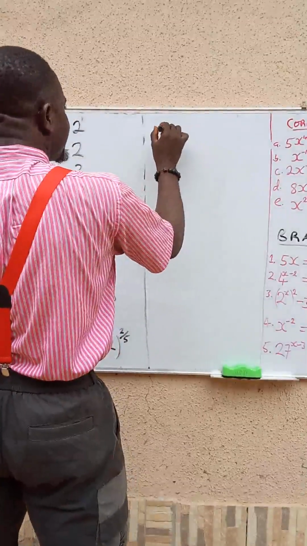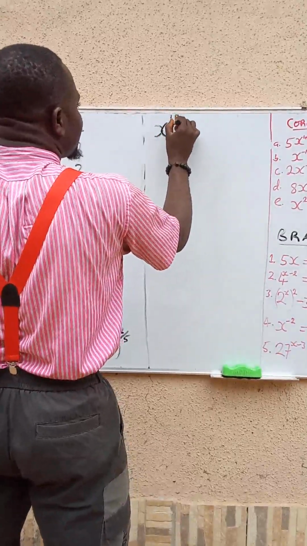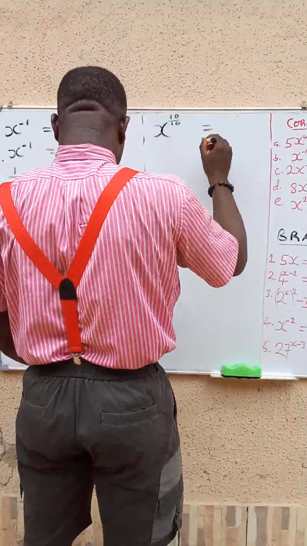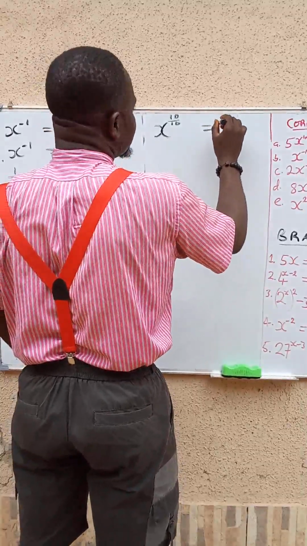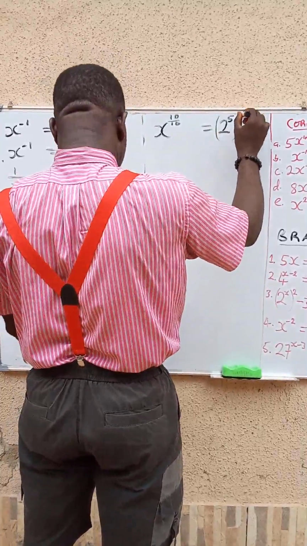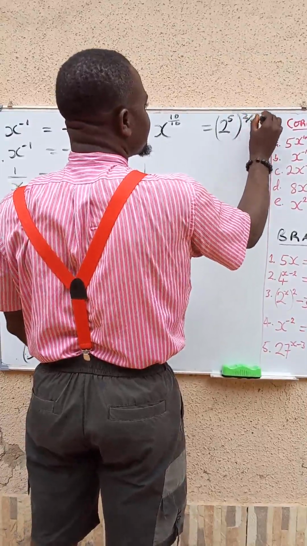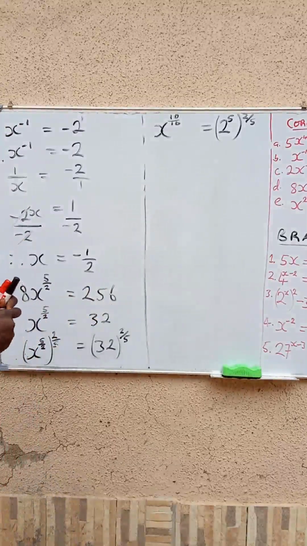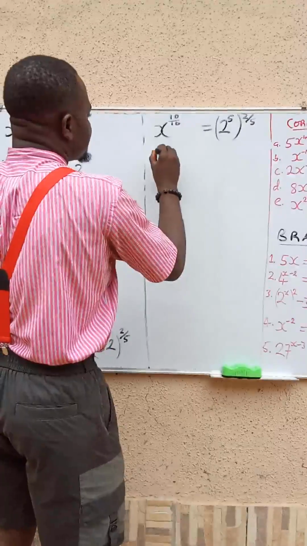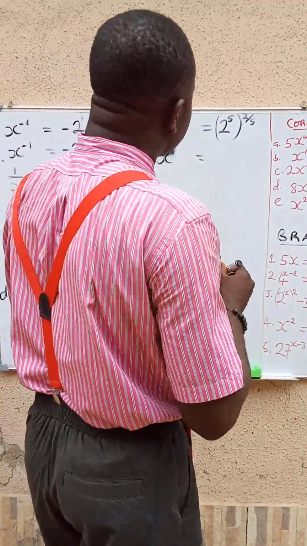That is, we have x raised to the power of 10 over 10 is equal to what? Remember, 32 is 2 to the power of 5. I have 2 raised to the power of 5, raised to the power of 2 over 5. Right? Now this one I just brought out. This one from here I would have said is power 1. So 10 over 10 is 1. And this one, look at it here.